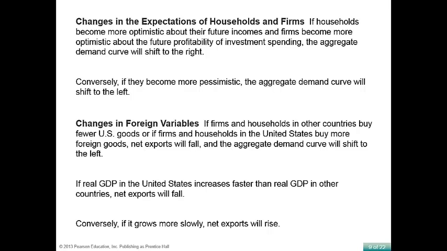Now, net exports are impacted by changes in numerous foreign variables, as the domestic market is affected by changes in the price level, in interest rates, and in government policy. Foreign purchases are affected by changes in variables that affect them both domestically and internationally.